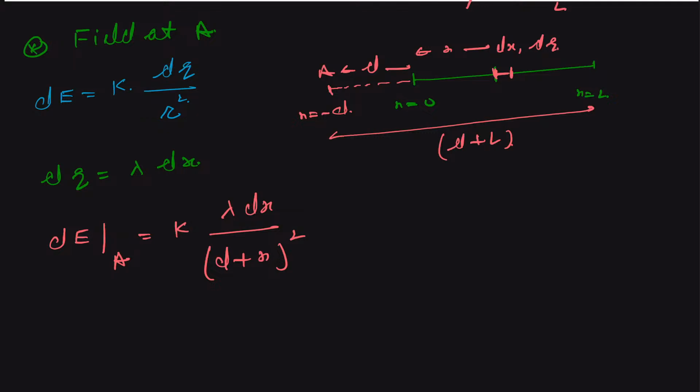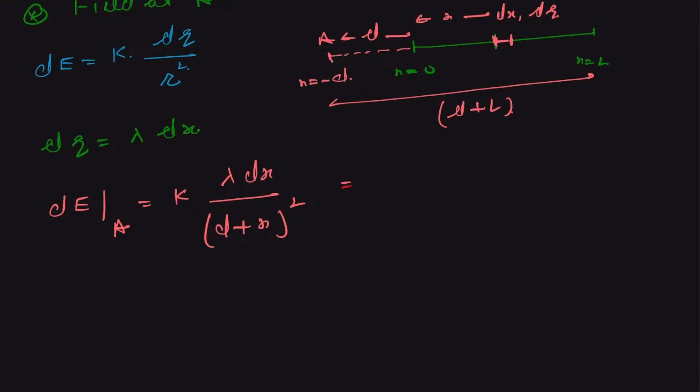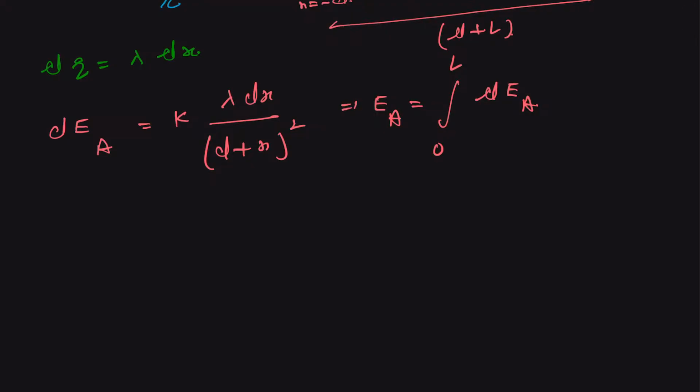And so the total electric field at point A, because of this entire rod, we can get by integrating from 0 to L. So E of A will be k lambda integration 0 to L of dx upon d plus x whole square.